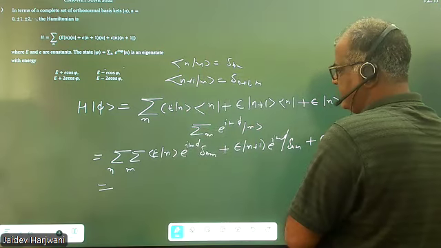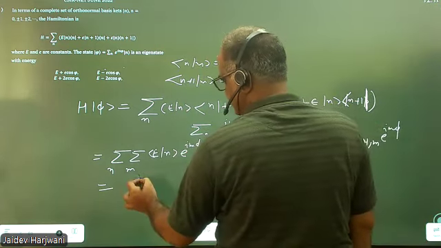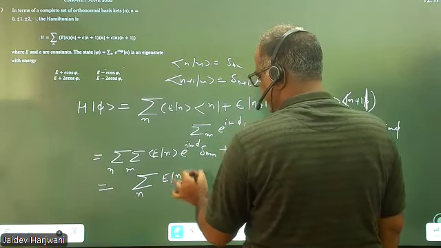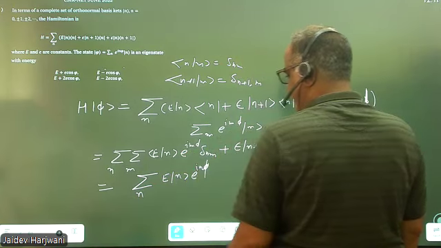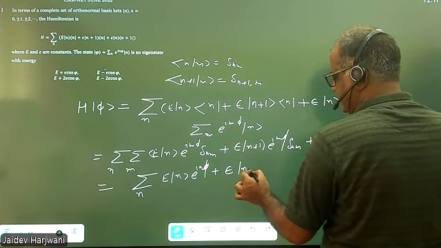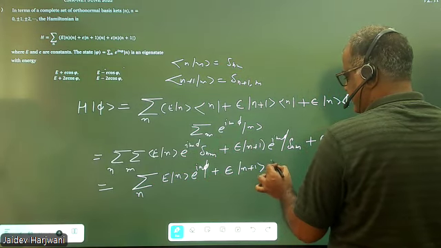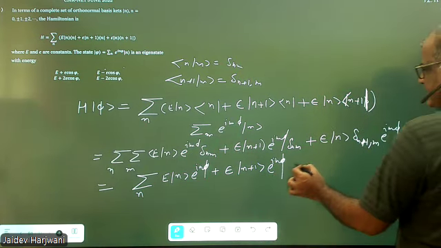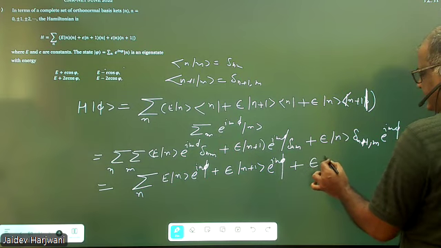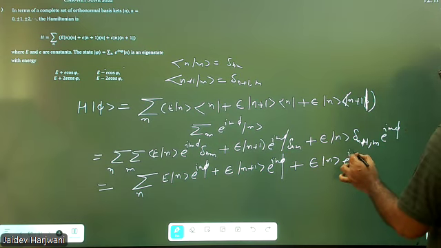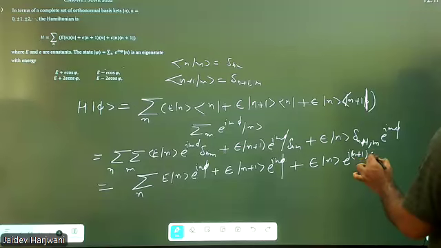So this has a value only for n equal to m, so I can put this as n. So this becomes E, and this becomes e to the power i n phi. Similarly here you get E, e to the power i n phi. And here, for this term, you have E, and now m becomes n+1, so this becomes e to the power i (n+1) phi.